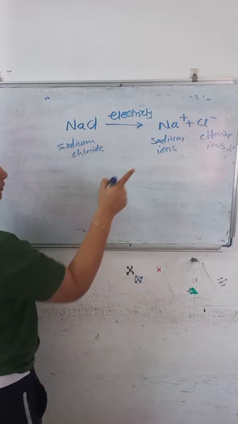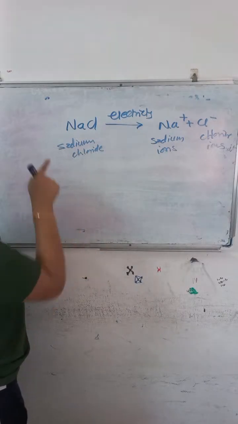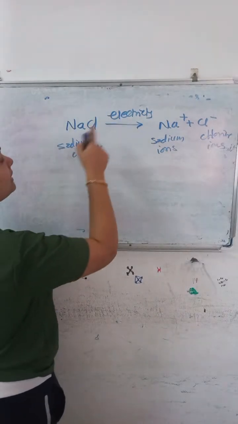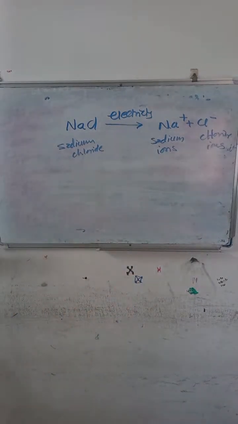Brine solution is nothing but sodium chloride, and when we pass electricity through it, it forms the ions. That's it. You can write this down. This is a 2 mark question.